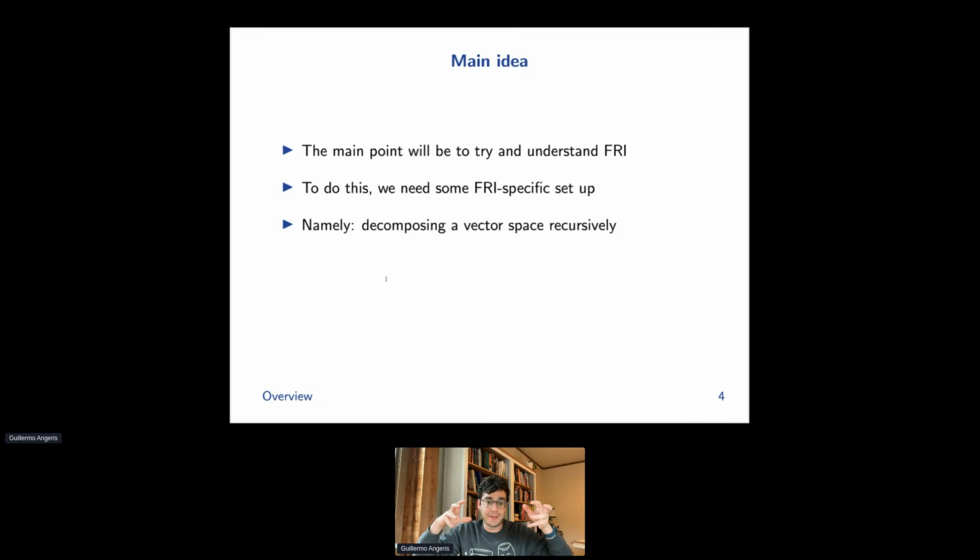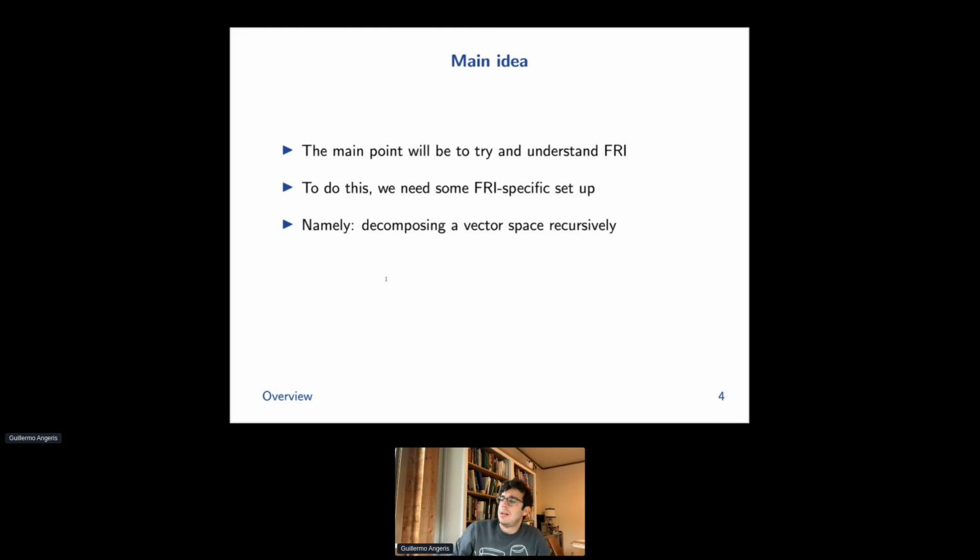And if this decomposition happens recursively, so in particular, if the big vector space decomposes into two smaller vector spaces, and those two smaller vector spaces decompose themselves into even smaller vector spaces, then you can just imagine applying this construction recursively. And if we get a constant amount of savings at each step, then at the end of the day, we get an exponential amount of savings by going down this tree, as opposed to trying to verify the claim over the original space.